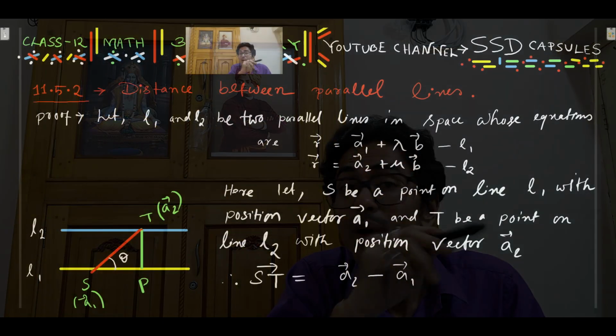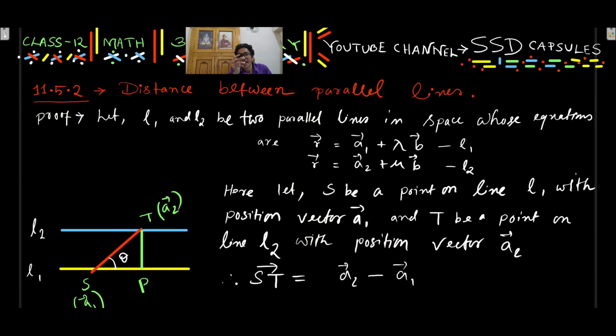These equations are in that form. Lines L1 and L2 are equations of lines parallel to a given vector and passing through a given point. For line L1 the point is a1 vector, and for line L2 the point is a2 vector, and both lines are parallel to the b vector, because both the lines are parallel.